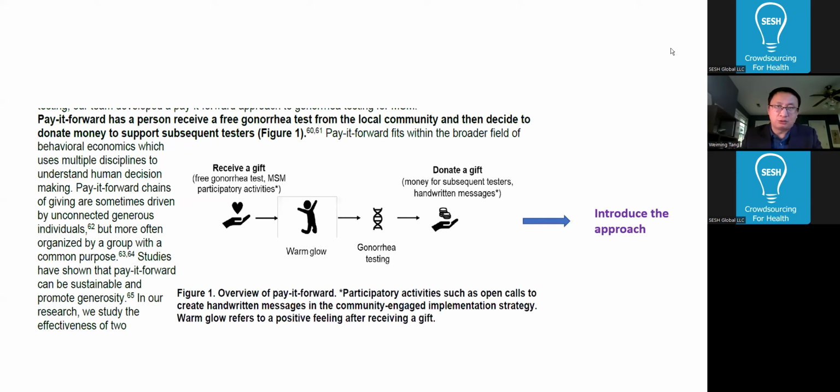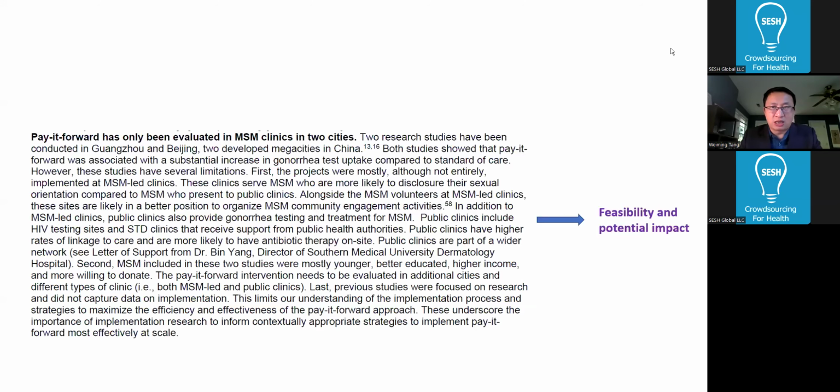After that, you want to say that this strategy is feasible and has potential impact. For example, our previous study already demonstrated that the trial among MSM using pay-it-forward is feasible and can increase the testing uptake.